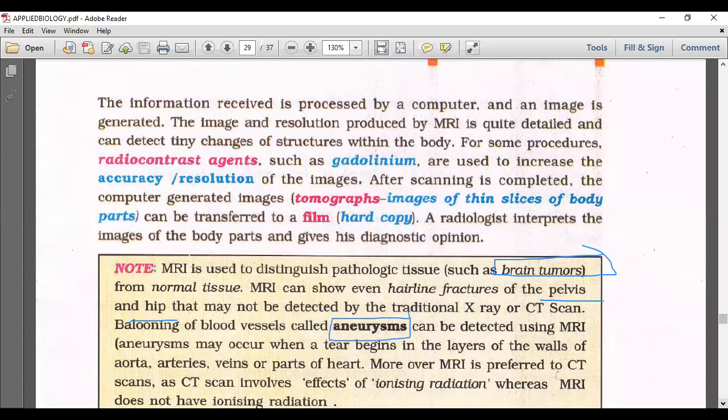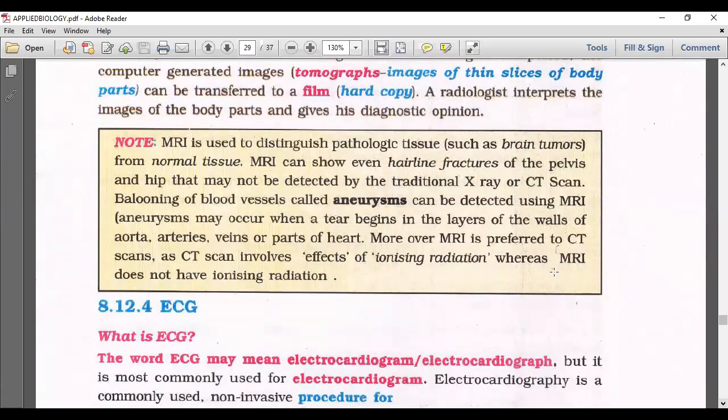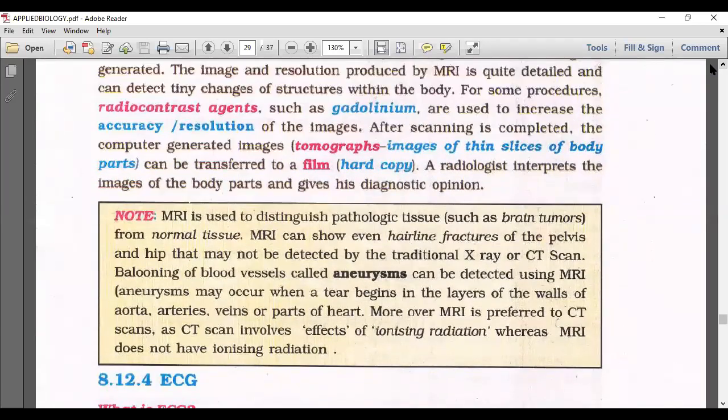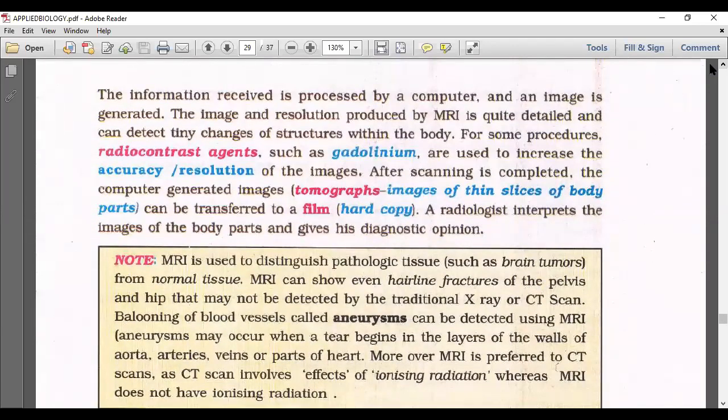Moreover, MRI is preferred compared with the CT scan. Why? We said CT scan means multiple X-rays, isn't it? The CT scan involves effects of ionizing radiation, whereas MRI does not have much ionizing radiation. Okay.